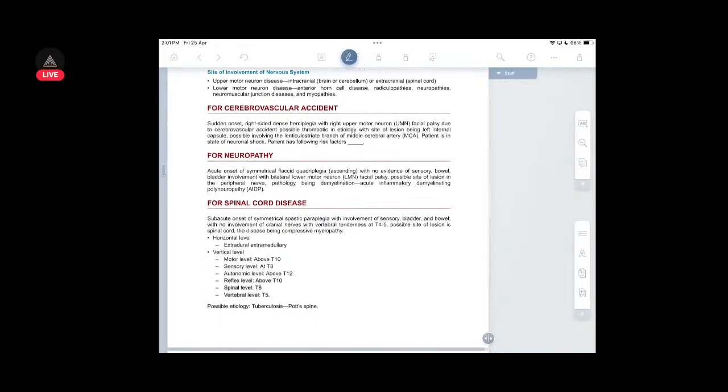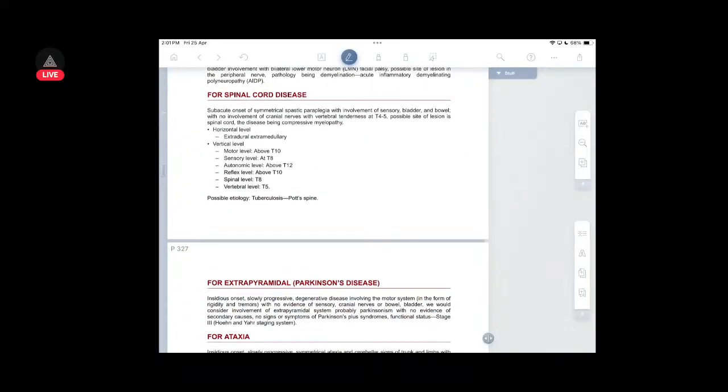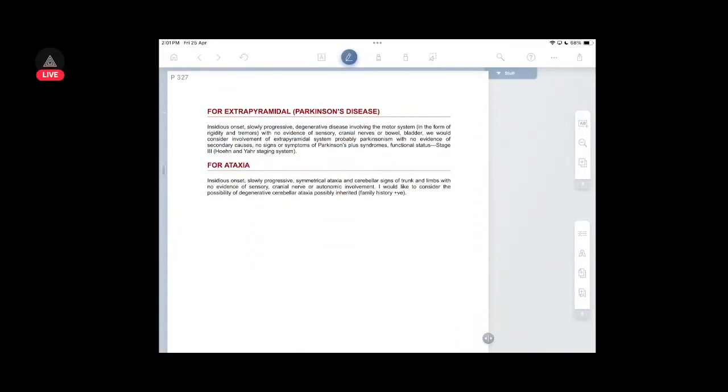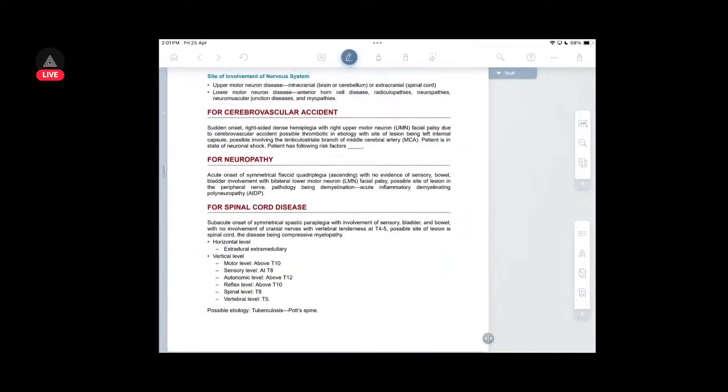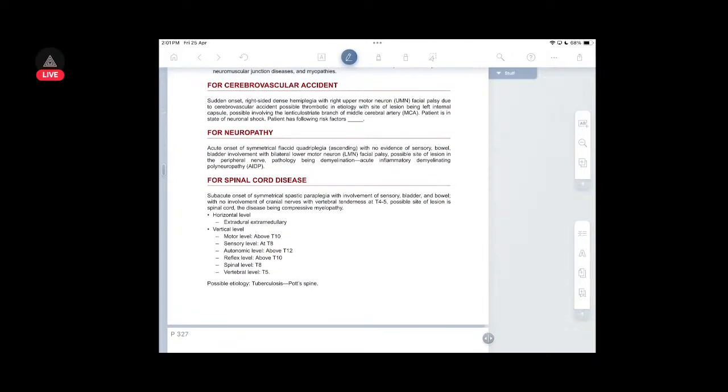So diagnosis, you most commonly need to do for cerebrovascular accident. The most common cases you get are cerebrovascular accident, and the diagnosis should be exactly like this: sudden onset, which side, then hemiplegia with upper motor or lower motor palsy due to cerebrovascular accident.